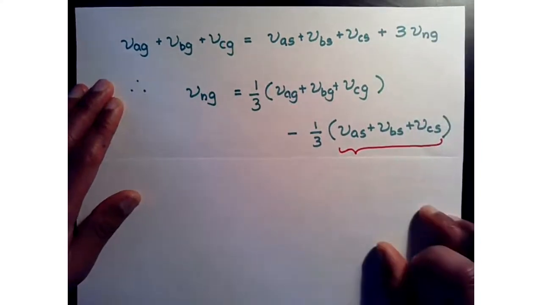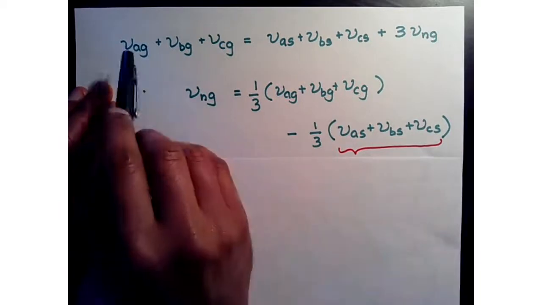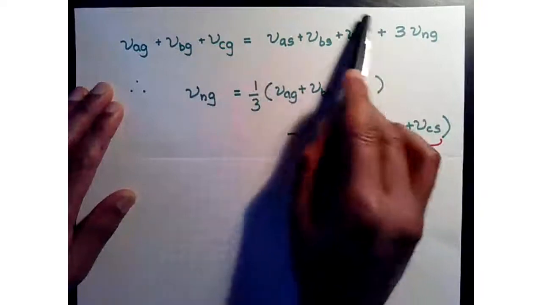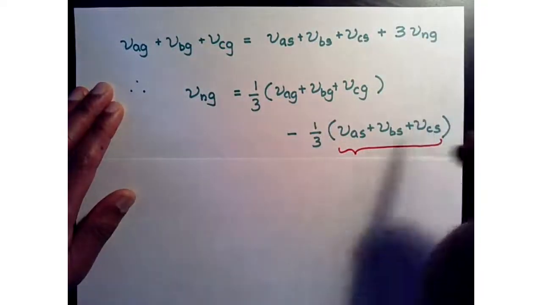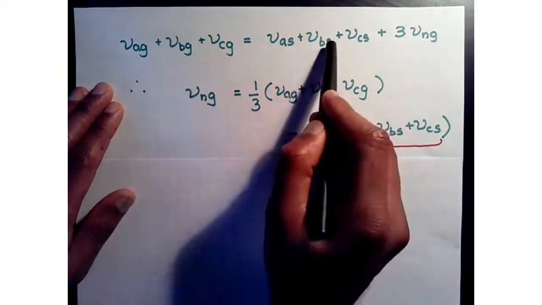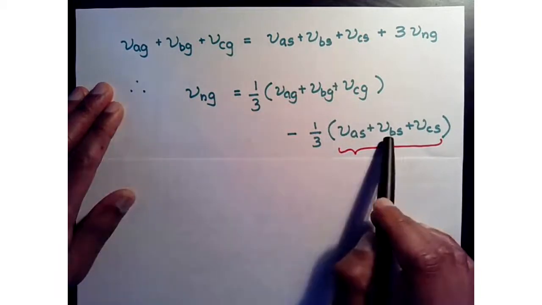We are trying to get an idea of what VNG is. So when we add the three voltages, we have the sum of the phase voltages plus 3 times VNG. So when we consider VNG in terms of phase voltages and bridge voltages, we get this relationship.